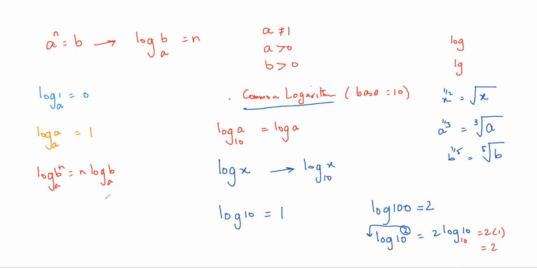And one more thing. If you press the log inverse key, you will see that 10 to the power appears on the screen of your calculator. You know the reason for this.